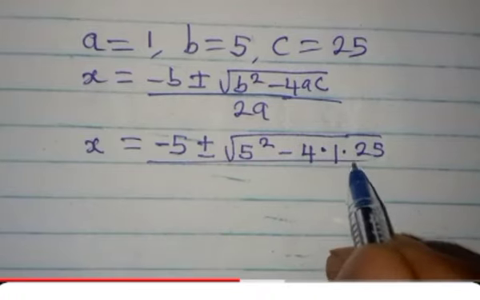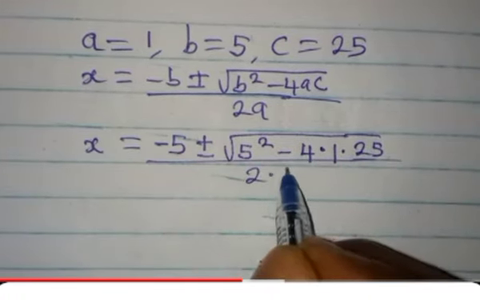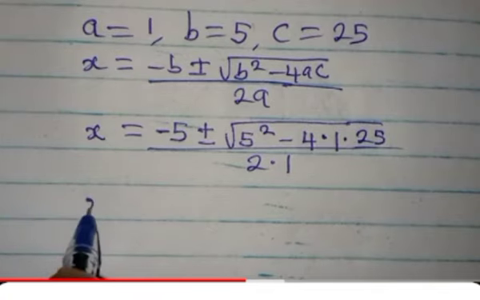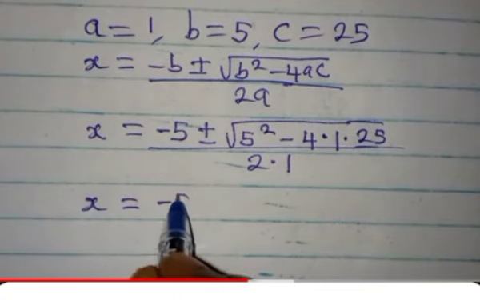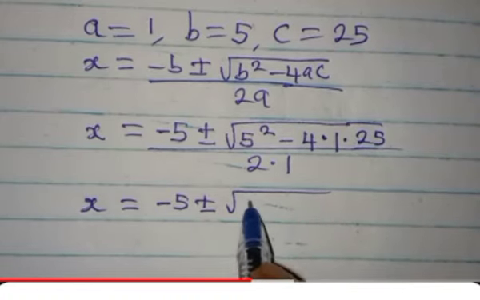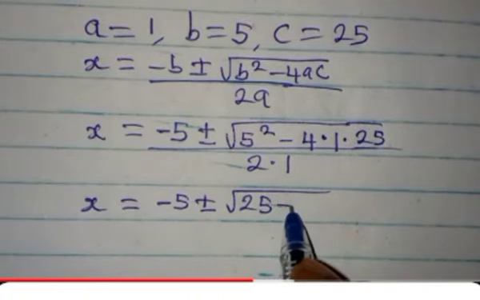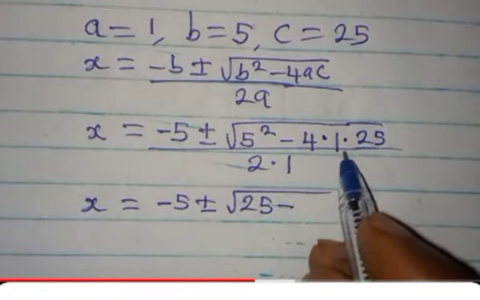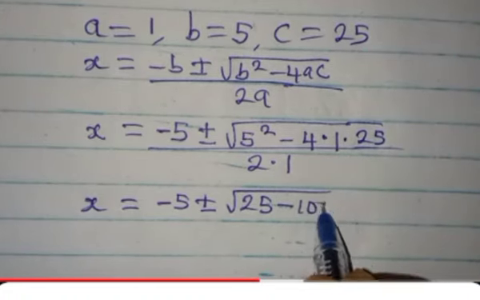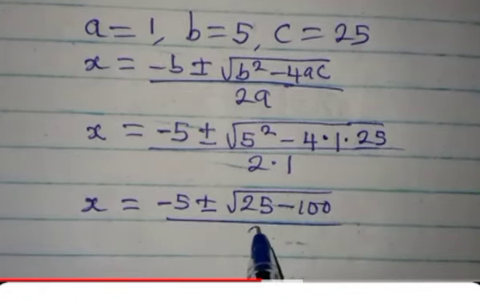And the whole of this will be over 2 times 1, and that is 2 times a. So x here is minus 5 plus or minus the square root of 5 squared, which is 25, minus 4 times 1 times 25, and that will give us 100. So the whole of this will be over 2.